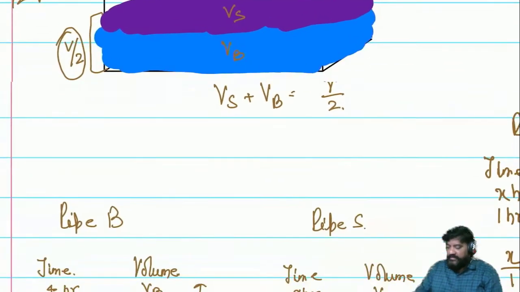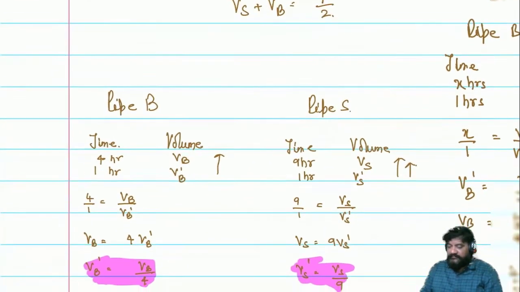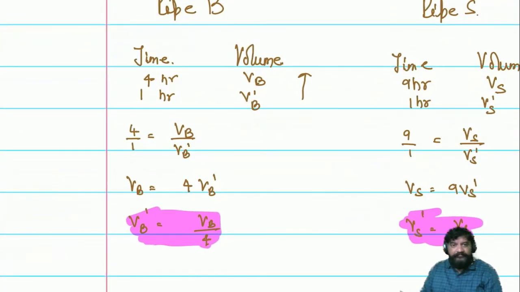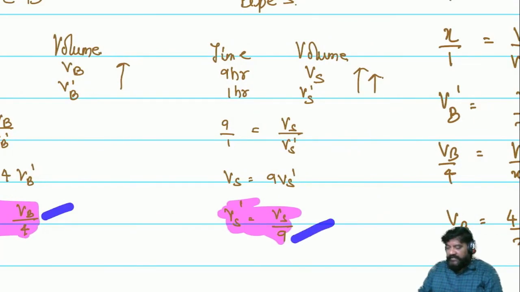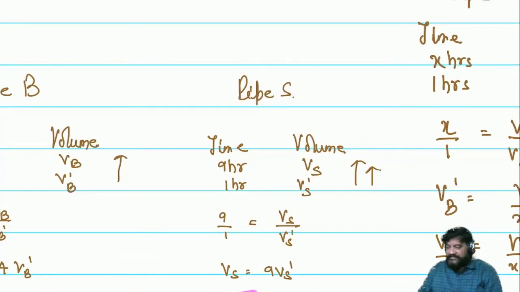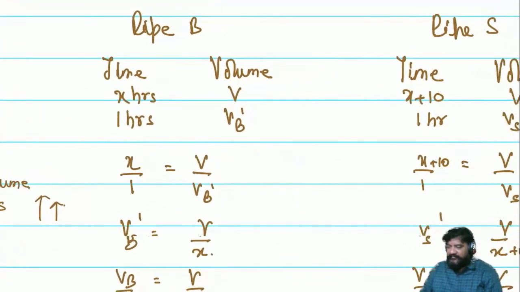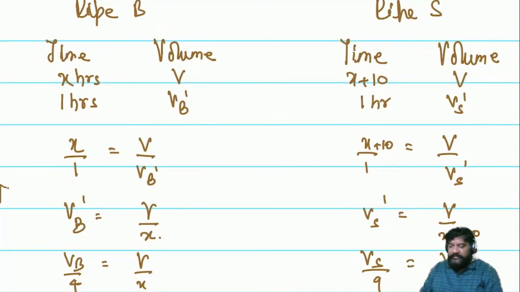We use proportions for the bigger pipe, and then we got this information, which is the amount of water filled by the bigger pipe in 1 hour is VB by 4, and the amount of water filled by the smaller pipe in 1 hour is VS by 9. Now that's the first set of information. The second set of information we had was the time taken by the bigger pipe to fill the entire swimming pool.